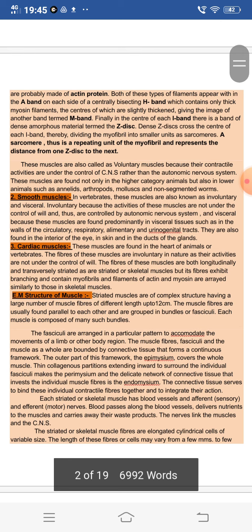The H band is centrally bisected by the thickened myosin filaments called the M band. The dense Z disc crosses the center of each I band, thereby dividing the myofibril into smaller units called sarcomeres.